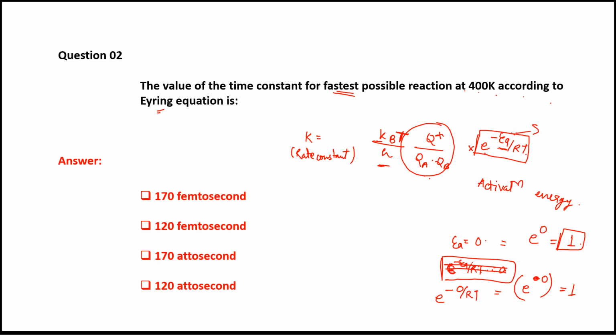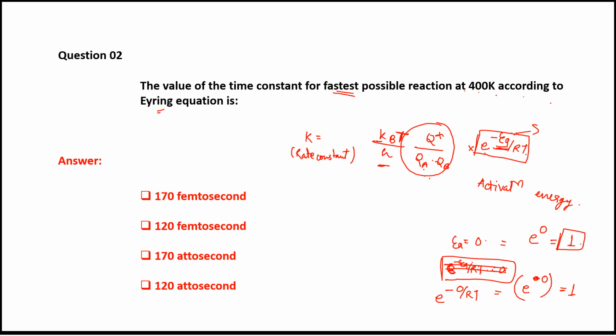We have considered it to be 0 for the fastest possible reaction, since for the fastest possible reaction the activation energy should be the least. If you consider it to be the least, it can be 0, and if you substitute E_A to be 0, this whole function turns to be 1.